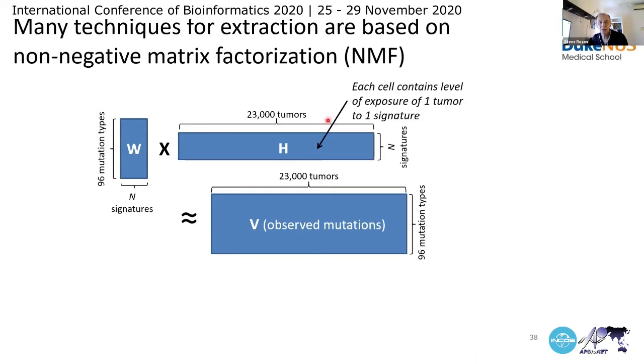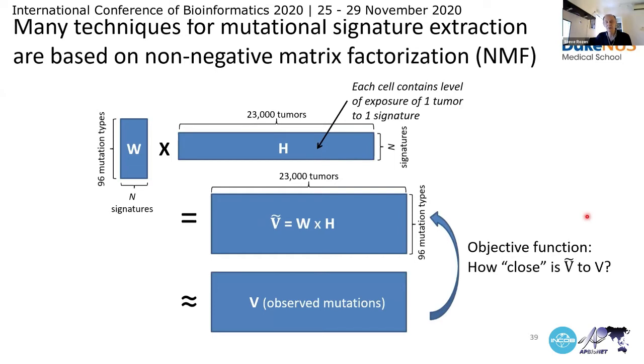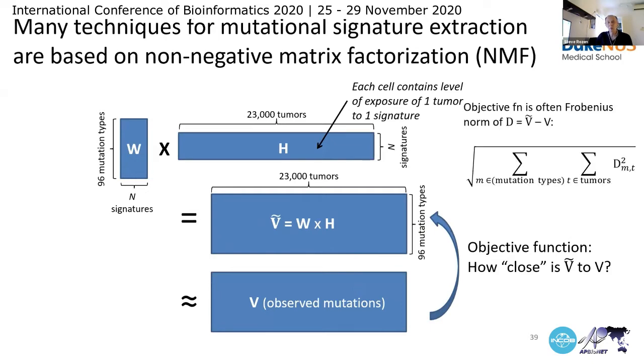And here, each cell contains the level of exposure of one tumor to one signature. And our objective function is going to be how close this estimation, twiddle V, which is the product of W times H, is to the actual observed mutations. One possible objective function would be the Frobenius norm of the difference between twiddle V and V, which is a kind of generalized Euclidean distance.